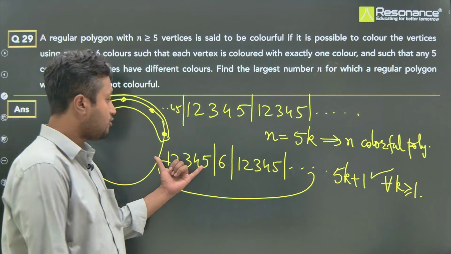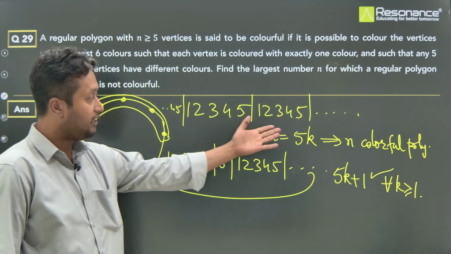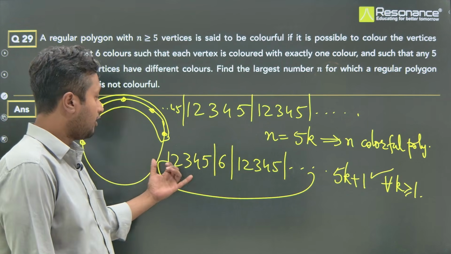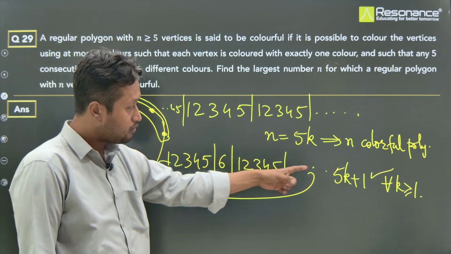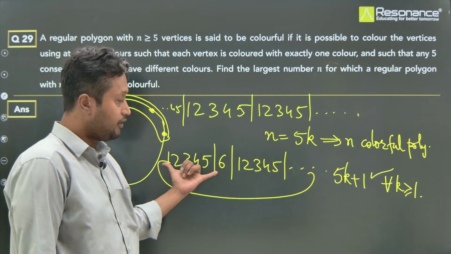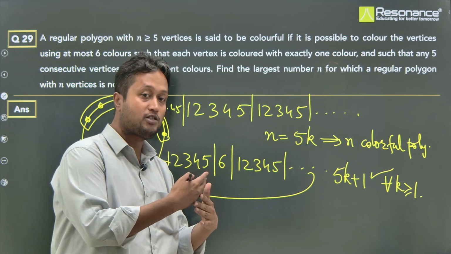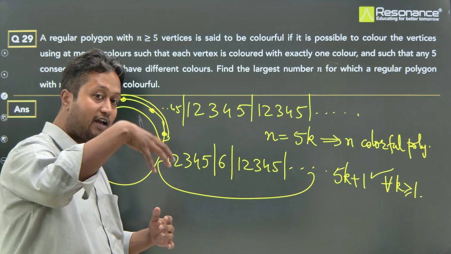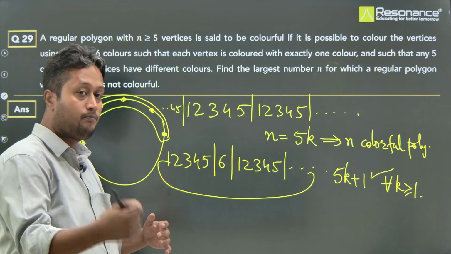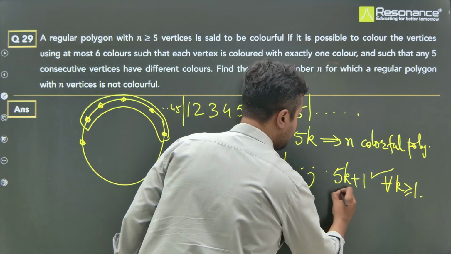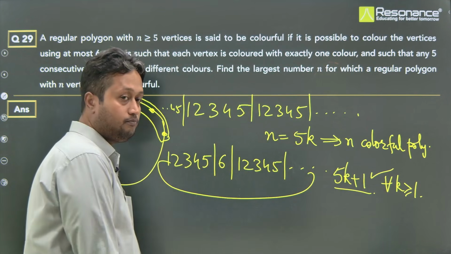There should be at least one block here. Zero-sided polygon, no, we're not talking about that. So 6 vertices, you can color them. Then if you have 5k plus 1 vertices, just keep putting 5, 5, 5, 5, 5, and the last one 6. That is a valid coloring. So these things are also colorable.